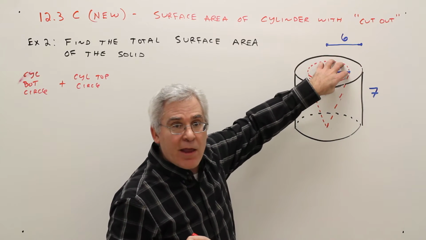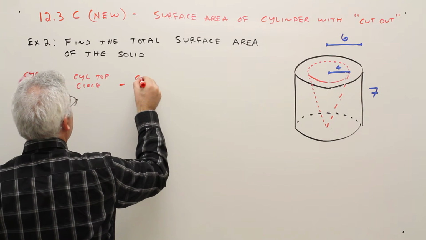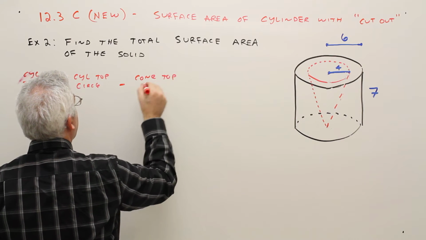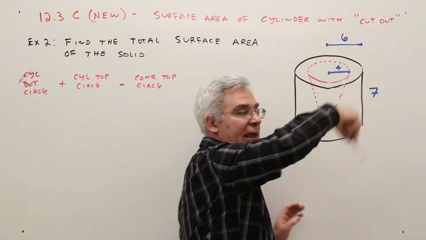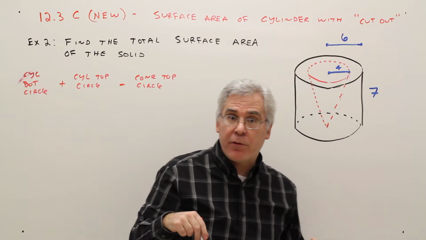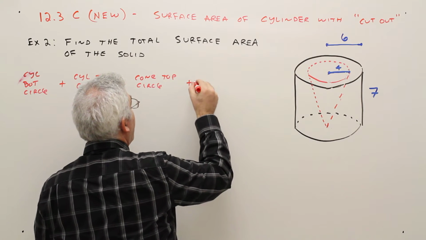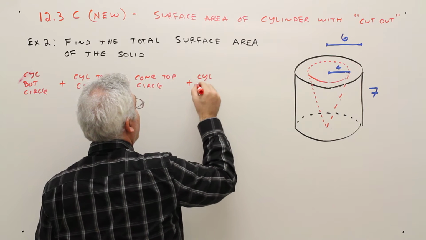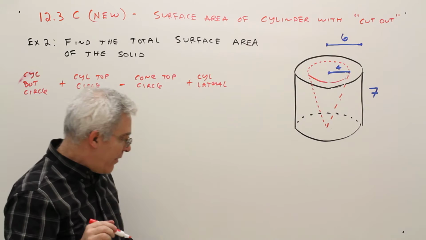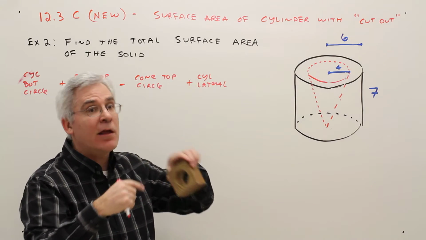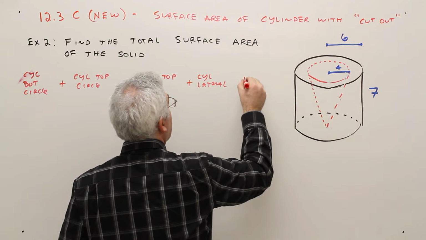I'm going to take away that cone circle, minus cone top circle. I've got the going around of the cylinder, so plus the cylinder lateral. And then don't forget, on the inside, plus the cone lateral.